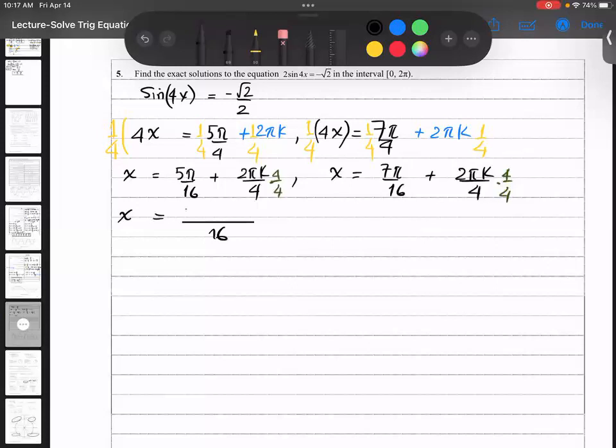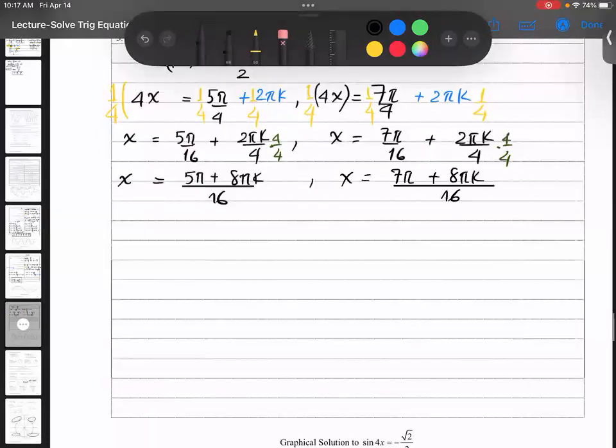So 5 pi plus 8 pi k. Do not combine them because they are two different things. I know it looks like 5 pi and 8 pi, and I'm gonna combine to 13 pi. But the second one has k, right? So they're different. x equals 7 pi plus 8 pi k over 16.